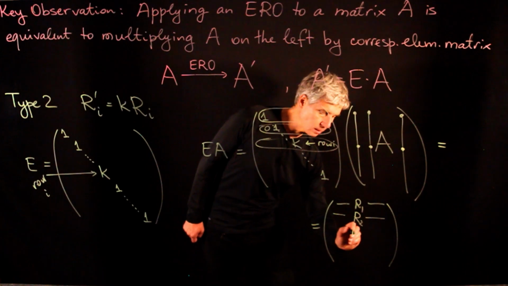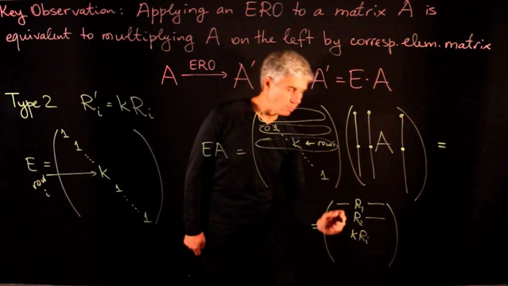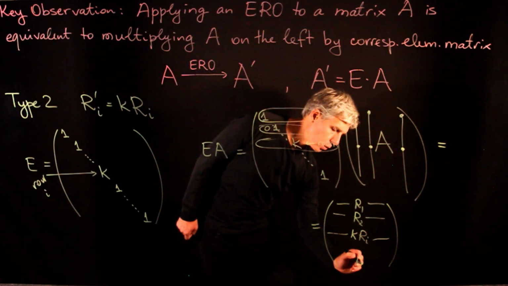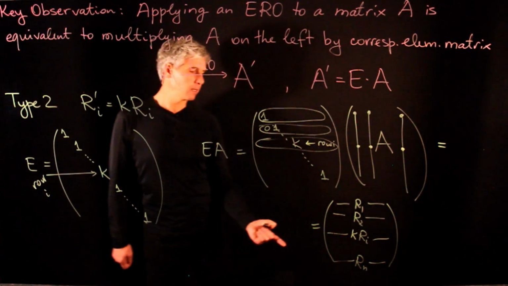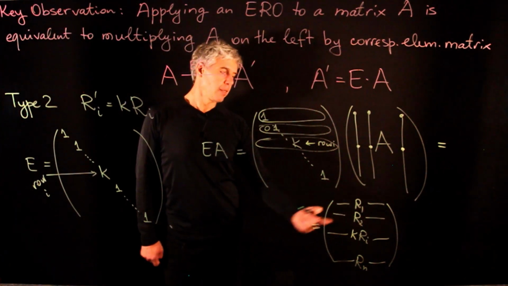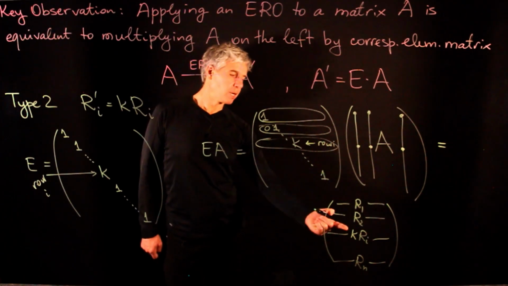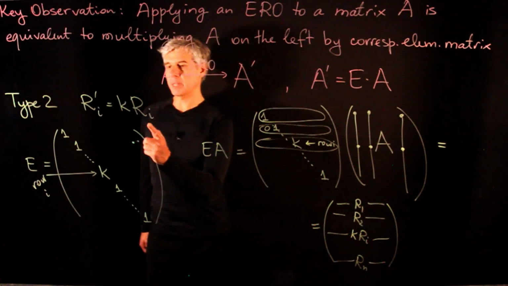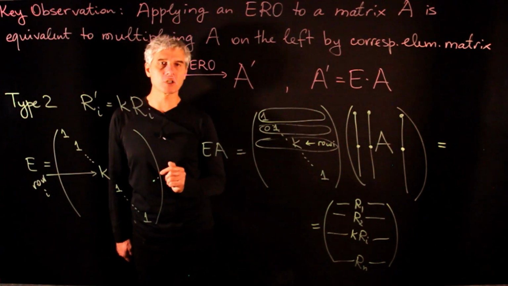And so this means that in row i, we're going to get k times row i of matrix A. And so all other rows will be unchanged. And what we see is that as a result, we get a matrix that is obtained from matrix A by multiplying row number i by the non-zero scalar k. But that's exactly applying this elementary row operation.